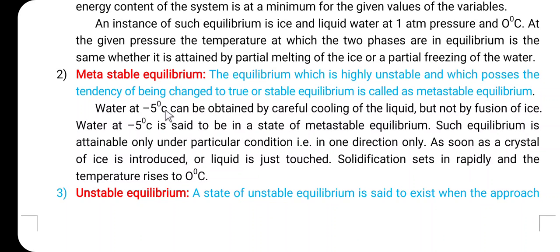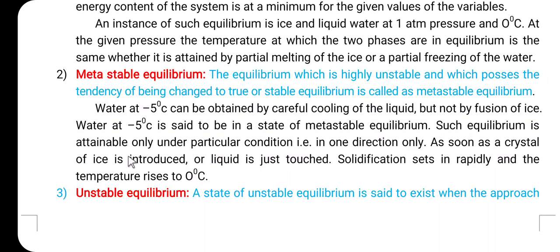All of you know that it is possible to maintain the water in the liquid state below 0 degrees Celsius, and such water is called supercooled water. So, the water at -5 degrees Celsius can be obtained by careful cooling of the liquid, but not by fusion of the ice. So, water at -5 degrees Celsius is said to be in a state of metastable equilibrium.